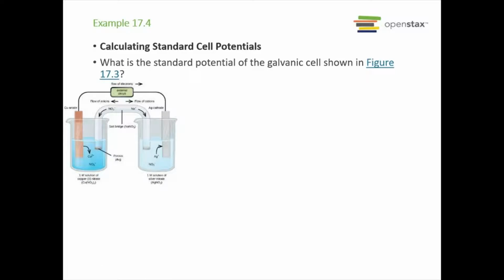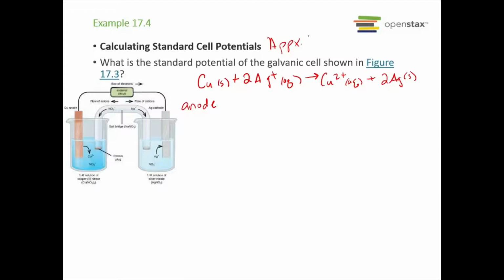The cell reaction that's happening is you have solid copper and 2 silvers becoming Cu2+ and 2 solid silvers.